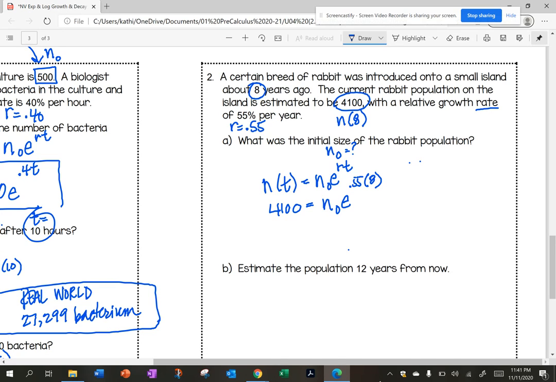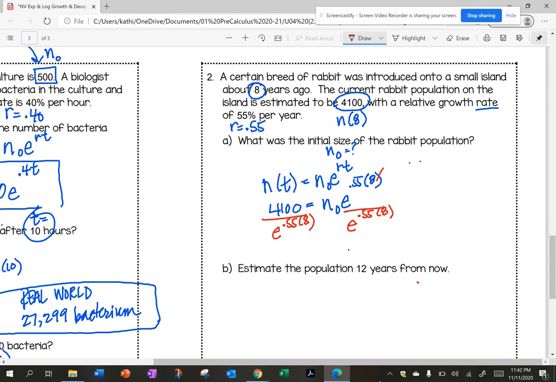So to find n sub 0, I want to divide by the coefficient next to it, which is e to the 0.55 times 8. Whatever I do to one side, I have to do to the other side to keep it equal.